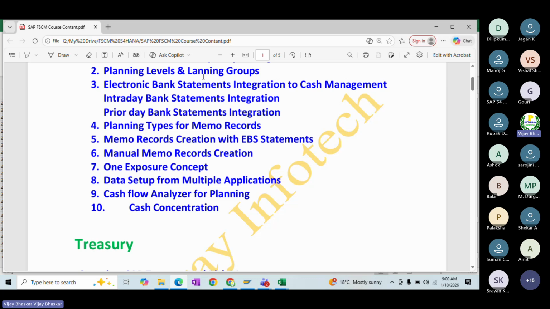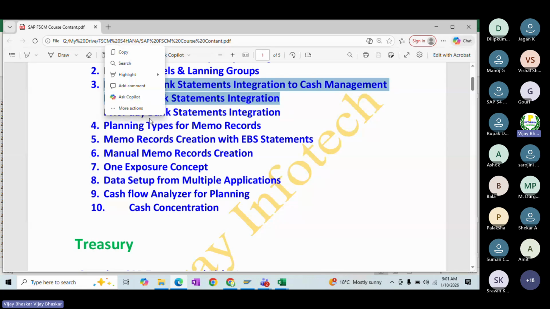But especially for cash and liquidity management, we are going to learn with the integration of the EBS, electronic bank statement. This is very, very important, because if you have assigned planning levels at the GL level, then when you create any business transaction, you can go and see it.